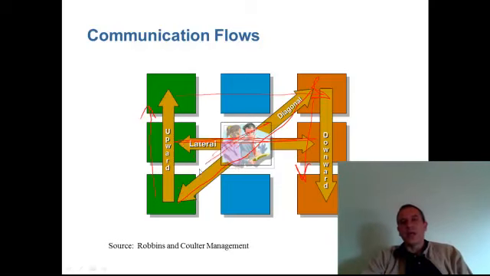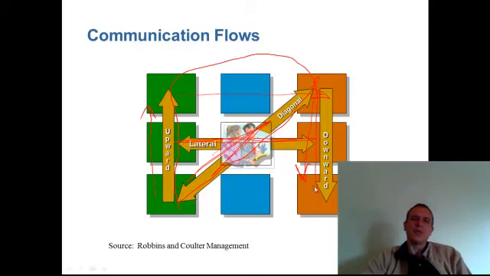So when you look at lateral and diagonal, what can you assume the issues might be? Well, the main issue I can see is you violate the chain of command. Normal communication requires you to follow things up and then go to the other side. So you might get in trouble, but people often talk, or maybe they have friends, a grapevine or whatever, they just go right to this person in this other department.